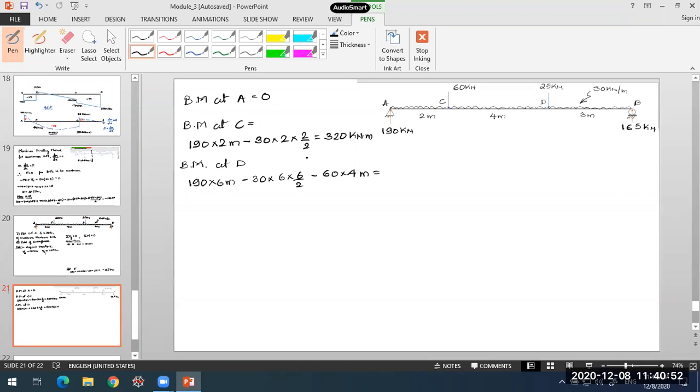So bending moment at D. What will be the value? 190 into 6 minus 30 into 6 into 6 by 2 minus 60 into 4.